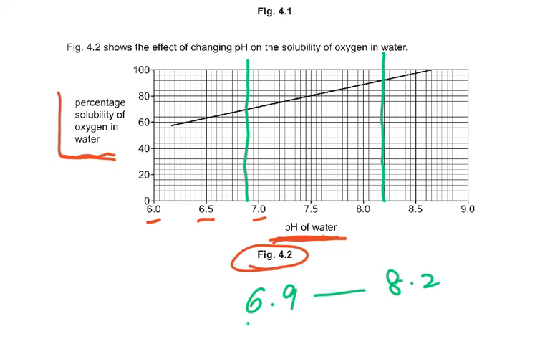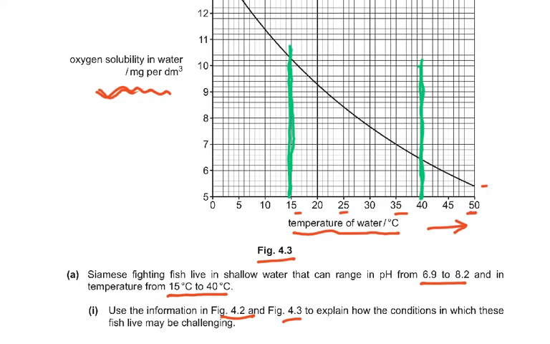The pH range is between 6.9 and 8.2. 6.9 is the dangerous one because the oxygen solubility is low here. Here it is high, but here it is low. So at 6.9 we're going to have problems. So there is low oxygen availability for fish at the low 6.9 pH and at the 40 degree temperature.